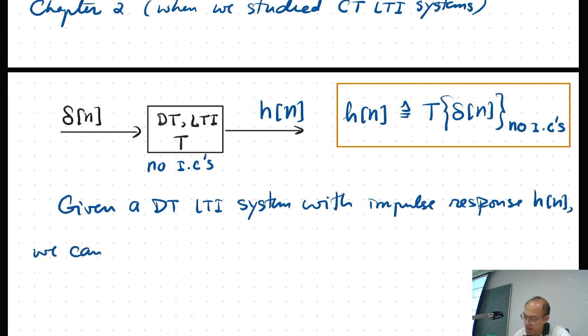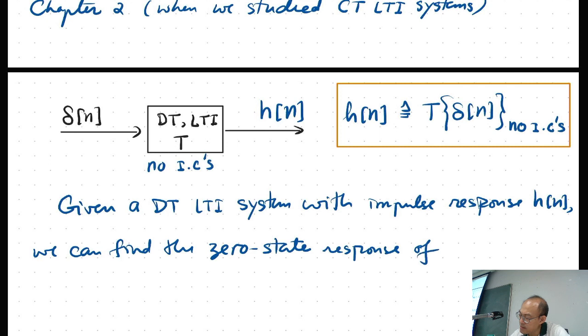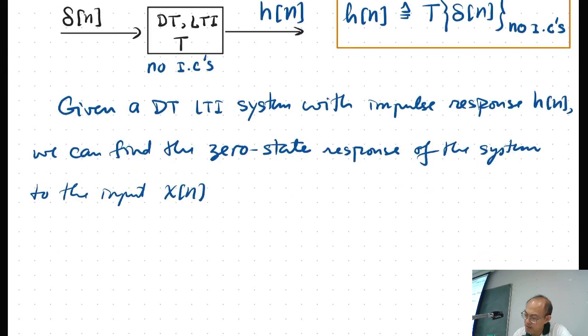this is a big theorem. We can find the zero state response of the system to the input x of n by using the convolution sum.